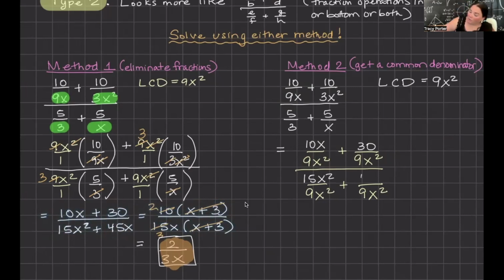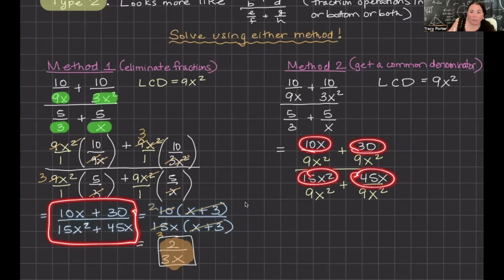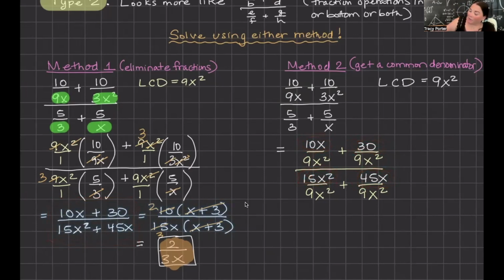So that's going to give you the 45x. So if you look, all of these really are the same as what you ended up with over here. But now that you wrote it with the same denominator, you can write this fraction as one single fraction.